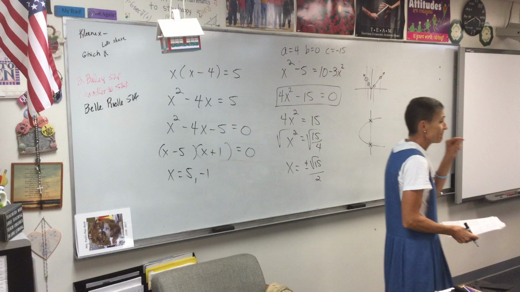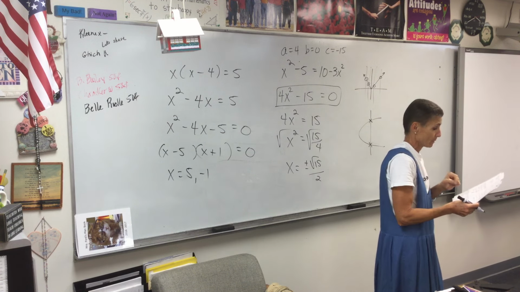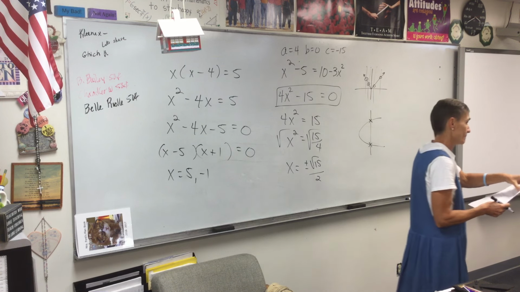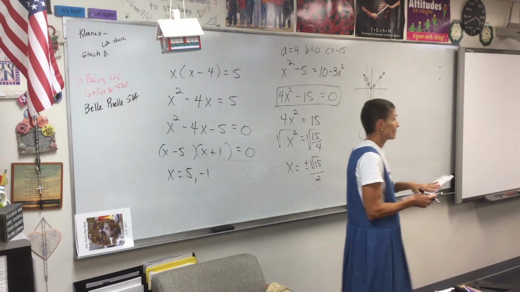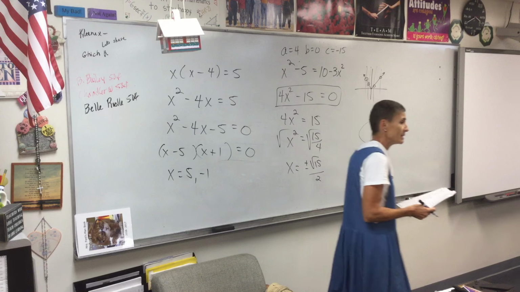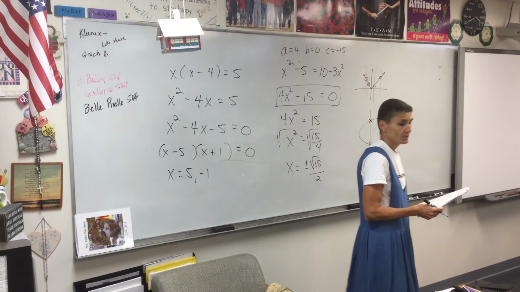You are only a function if it hits no more than one time. How about C? Yes. How about D? No. How about E? Yes. And how about F? No.